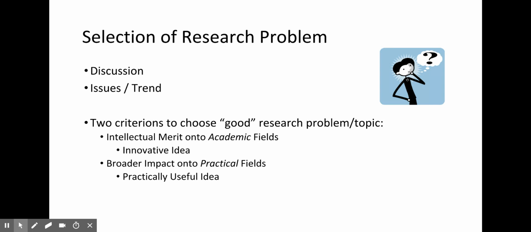And also, when you select a research problem or topic, there are two different aspects of the research topic. One is intellectual merit, or academic innovation.